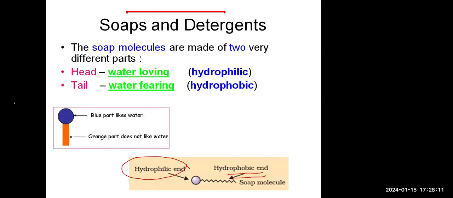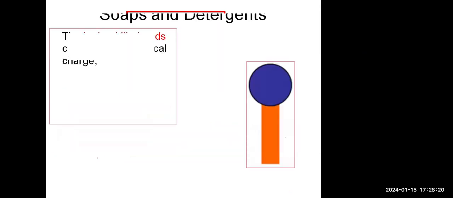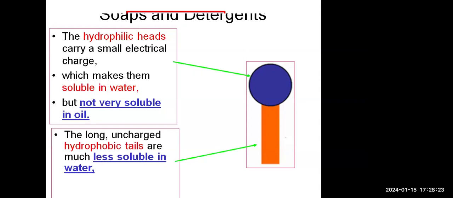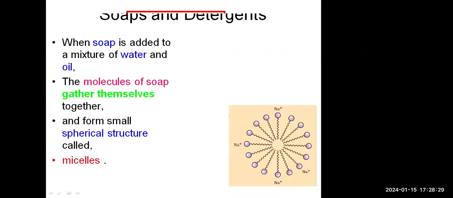When you put soap in water, they make a sphere-like structure in such a way that all heads make the surface and all tails make the inside. You can see this is the sphere. All heads have made the surface and all tails are inside.